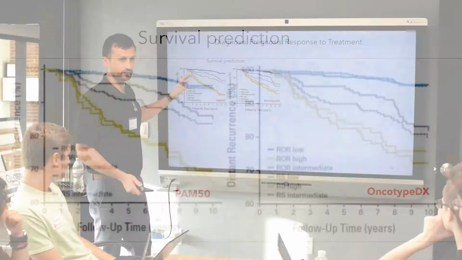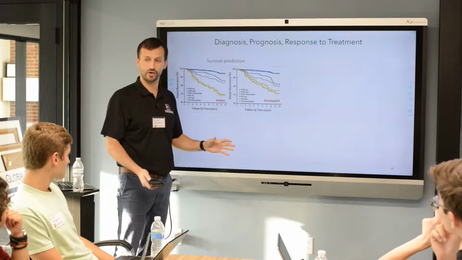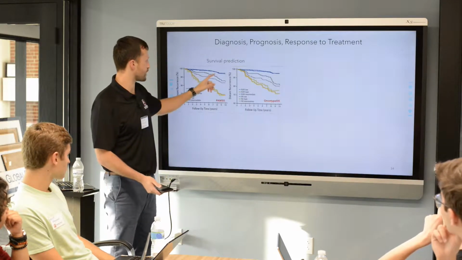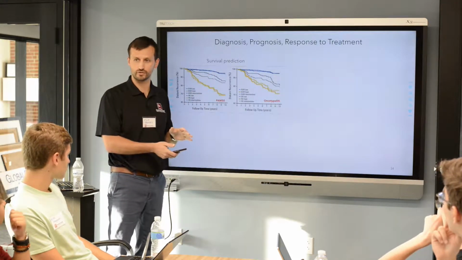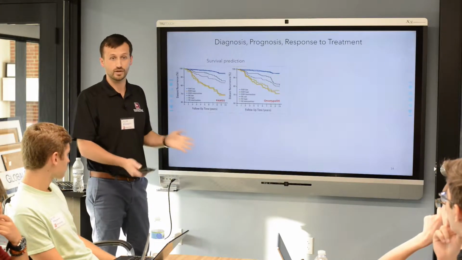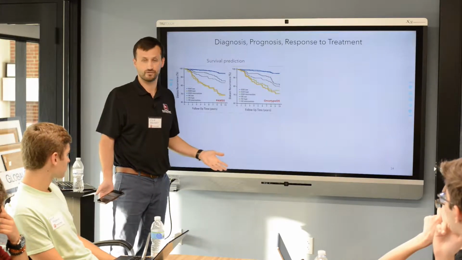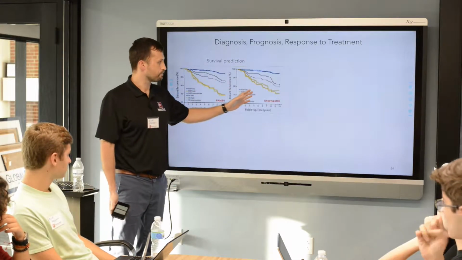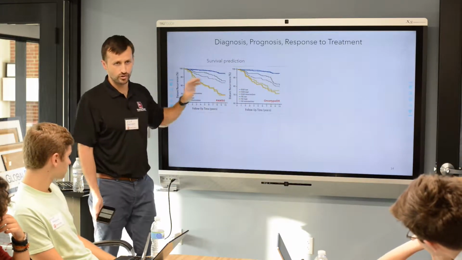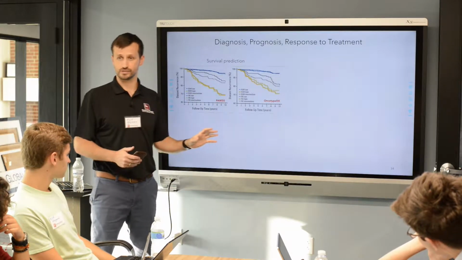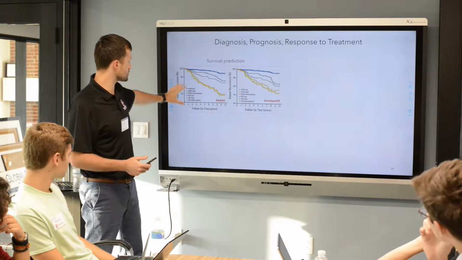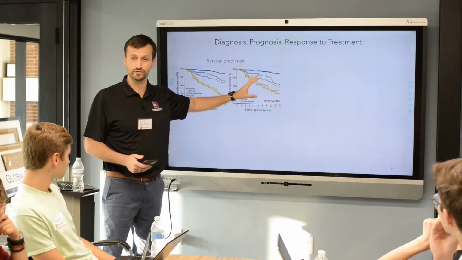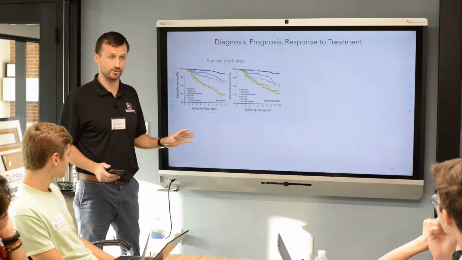Those patients that tend to die quickly or have a recurrence, and you can see those lines are very close to each other, right? So rate of recurrence and rate of survival are correlated. You can see that these are two different panels, so they use two different sets of genes. One uses 50 genes, another uses 35 genes.